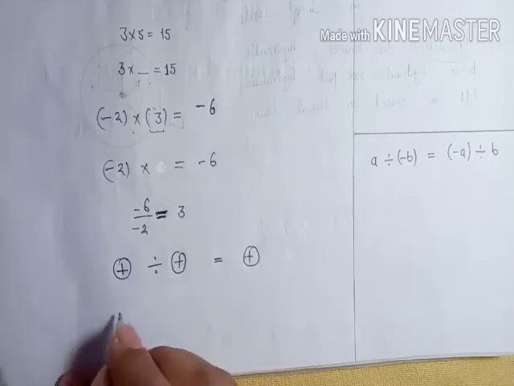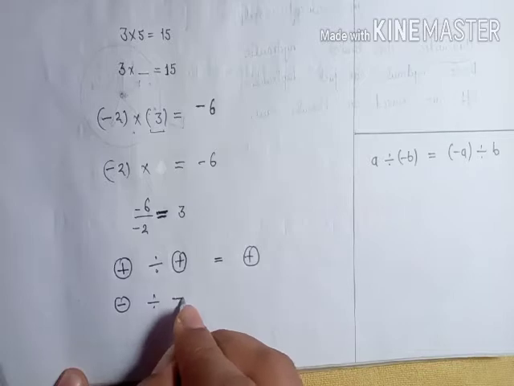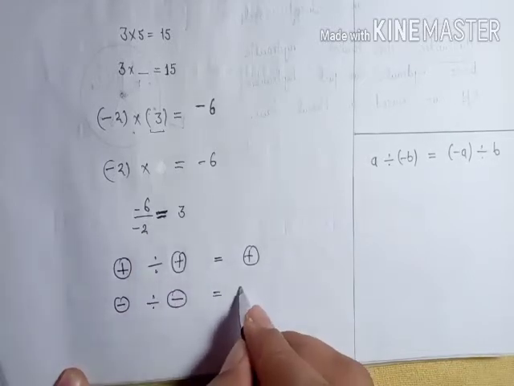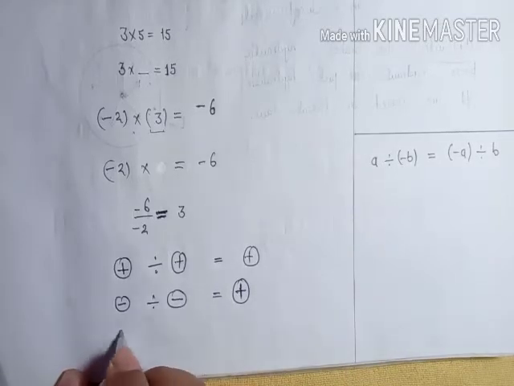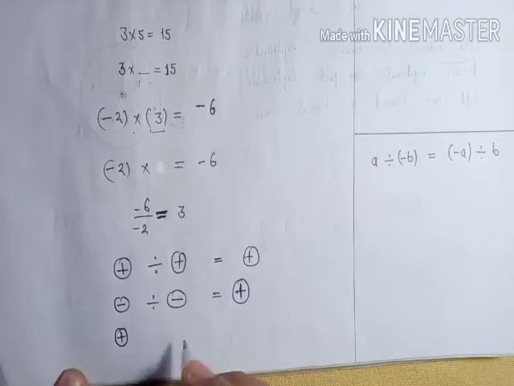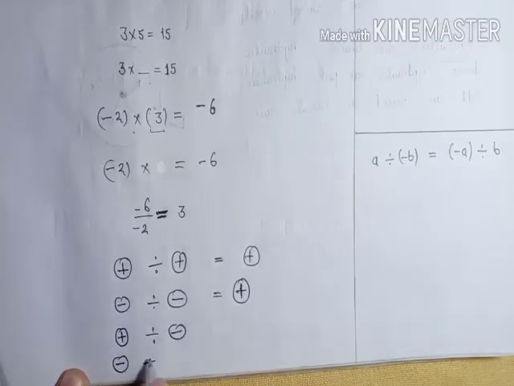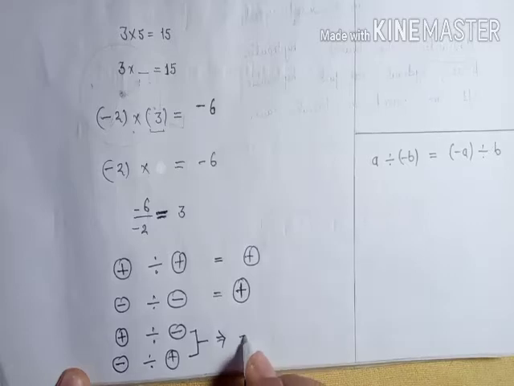And when we divide a negative integer by a negative integer, our result is again positive. When we divide a positive integer by a negative integer or a negative integer by a positive integer, in both cases our answer is negative.